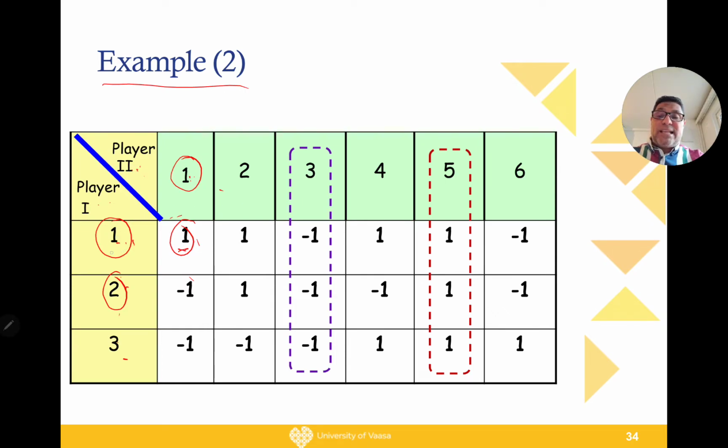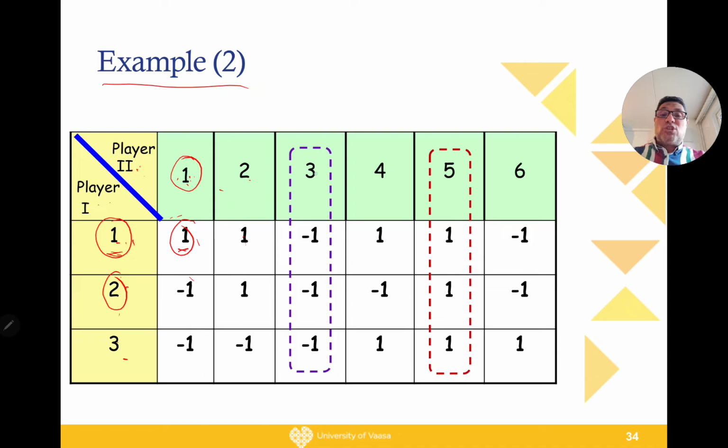For example, if they select strategy 1, and player 2 plays strategy 1, it means that player 1 will win. Of course, player 2 will never play strategy 1. If player 2 plays strategy 2, player 1 will also win, so they will never play strategy 2.